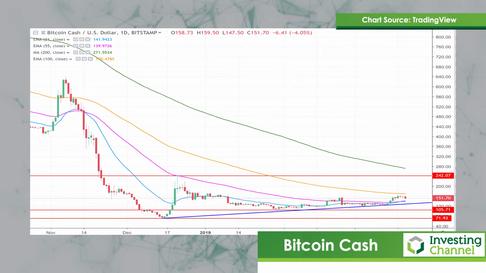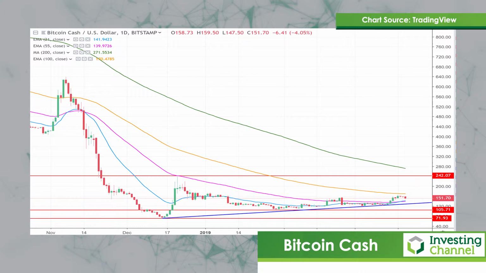It's had a bounce since then. I personally think that, as with Bitcoin, I see this as more of a corrective bounce or rally. An important level of support on Bitcoin Cash, on BCH, is going to be 150. If it closes below 150, that's going to lower the probability of a potential rally in BCH or Bitcoin Cash.